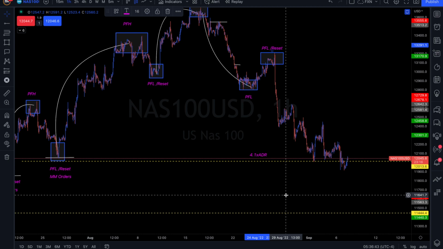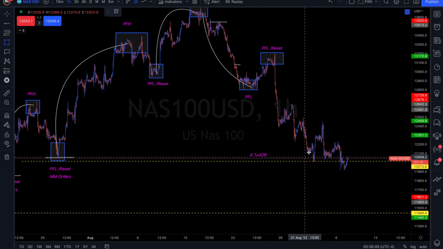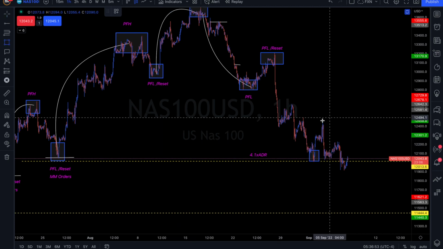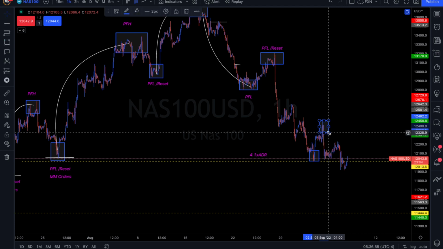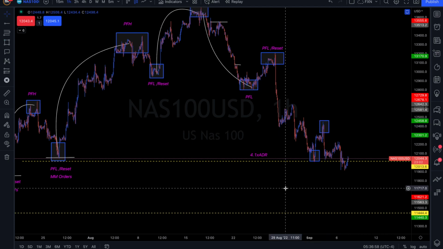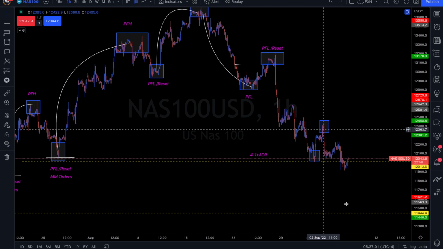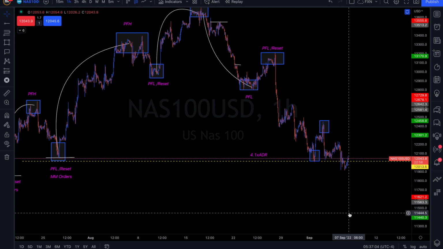One of these two scenarios is what's going to play out. Scenario one is this right here was actually peak formation low, and this right here was the reset already. If that's the case, then essentially from here down to this area down here would make a full cycle.